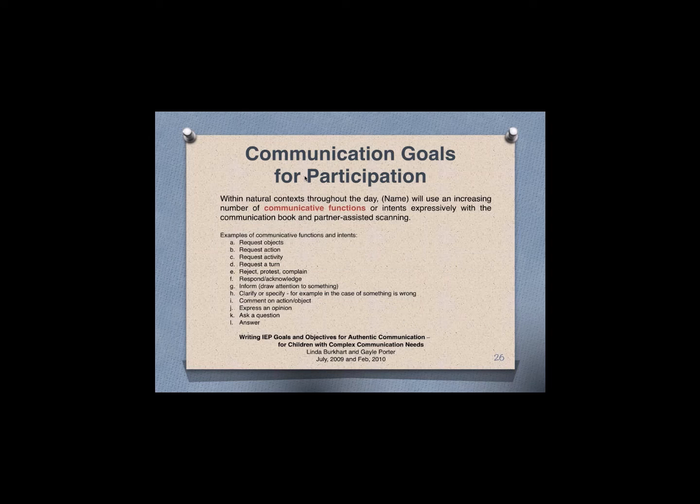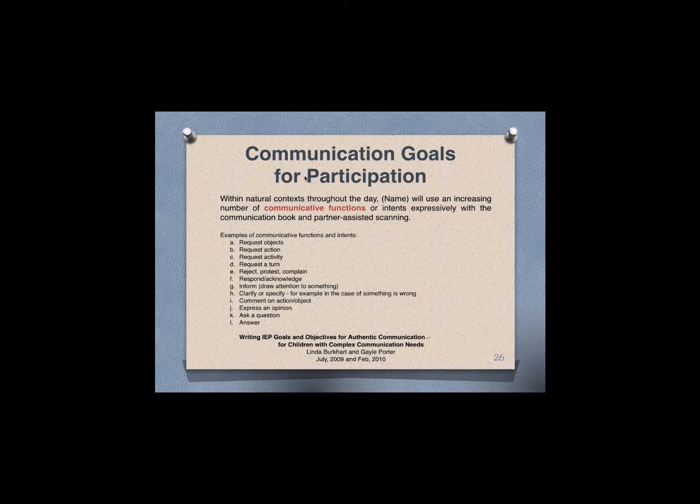If we go back to Linda Burkhart's and Gail Porter's handout that is just so lovely, they've got sample goals for us, such as: within natural contexts throughout the day, the child will use their system for a variety of communicative functions, or intents, using it expressively, and here's a whole list.